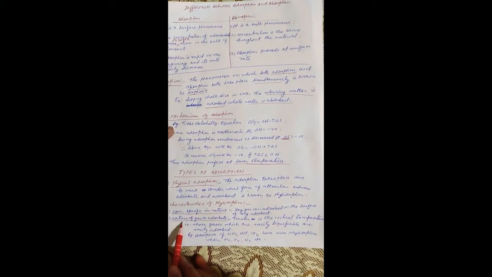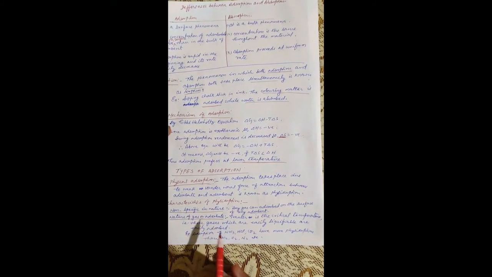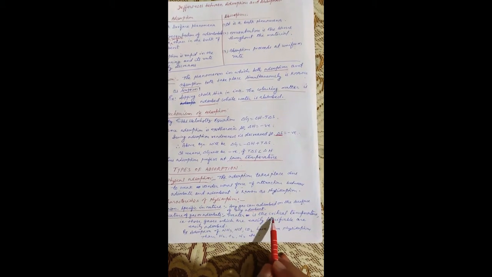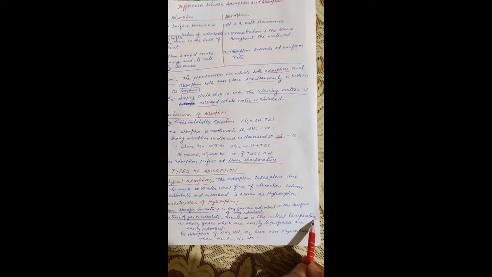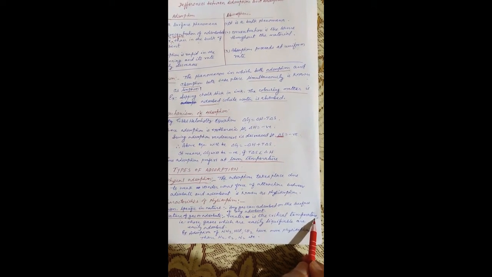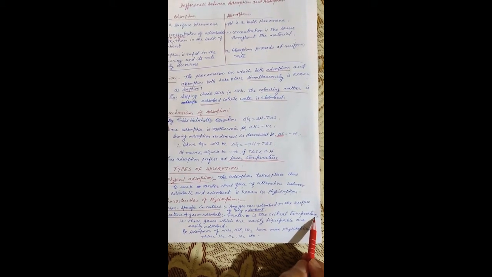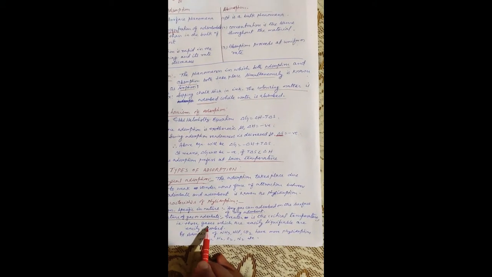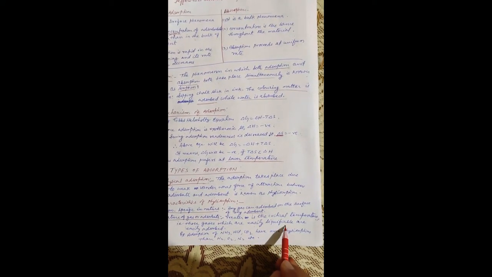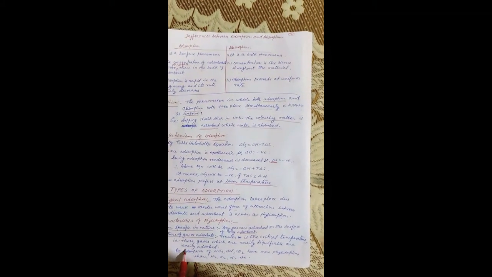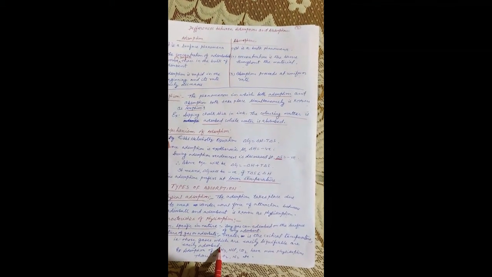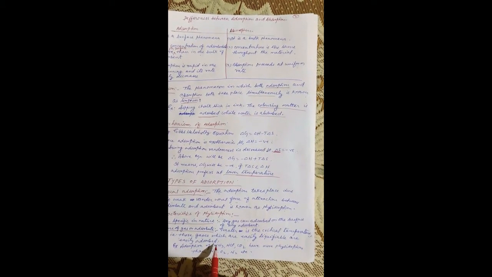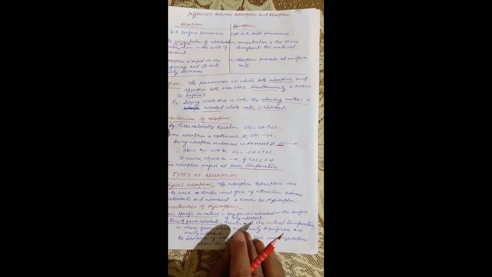Now second one is nature of gas or adsorbent. You see, greater is the critical temperature. What is critical temperature? The temperature at which any gas can be liquefied is known as critical temperature. So greater is the critical temperature, that is, those gases which are easily liquefiable are easily adsorbed. The gas which is easily liquefied will be easily adsorbed. It means which gases are easily adsorbed?